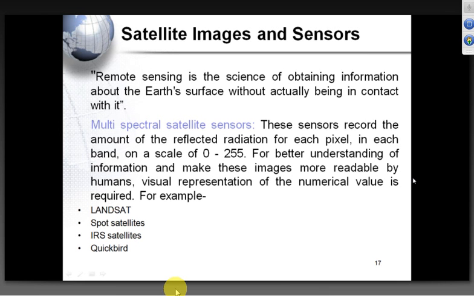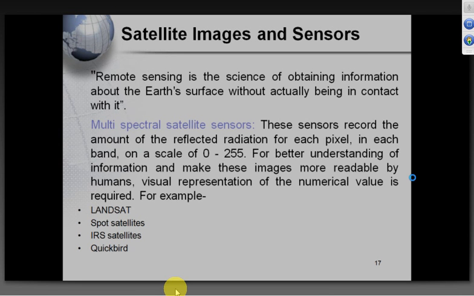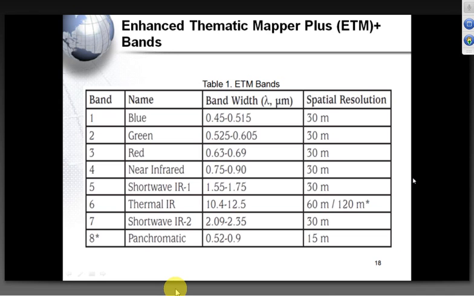Various examples for these kinds of sensors include Landsat, SPOT satellites, IRS, and QuickBird. Now, Enhanced Thematic Mapper Plus bands.